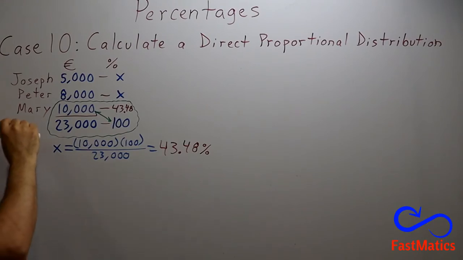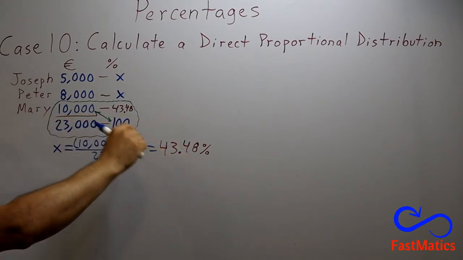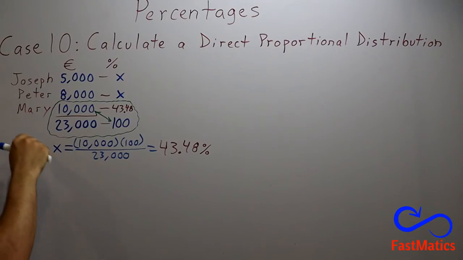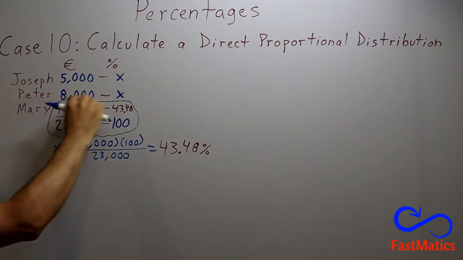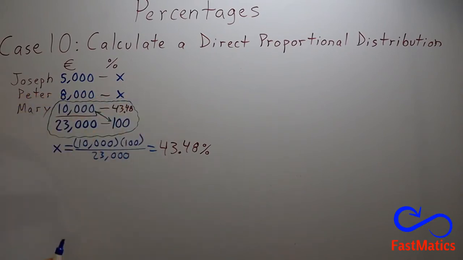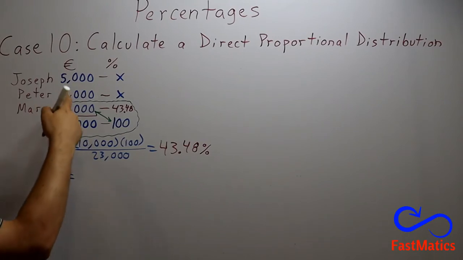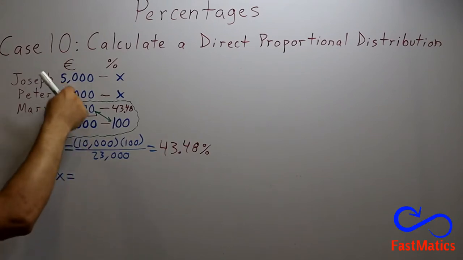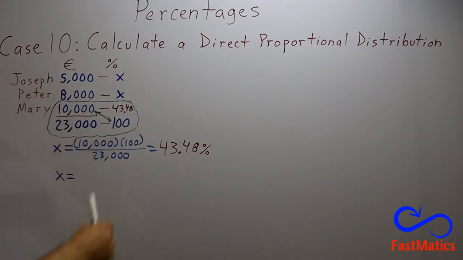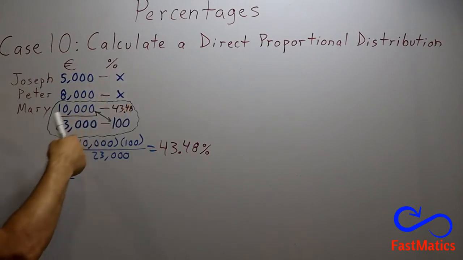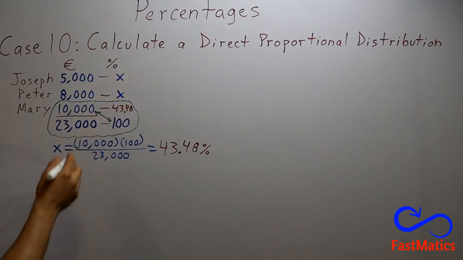Now we are going to work with the total and the Peter line. We are going to forget a little bit Mary, and we write x is equal to, so we are going to multiply the numbers that have a couple in diagonal and divide the answer by the number that doesn't have a couple in diagonal.